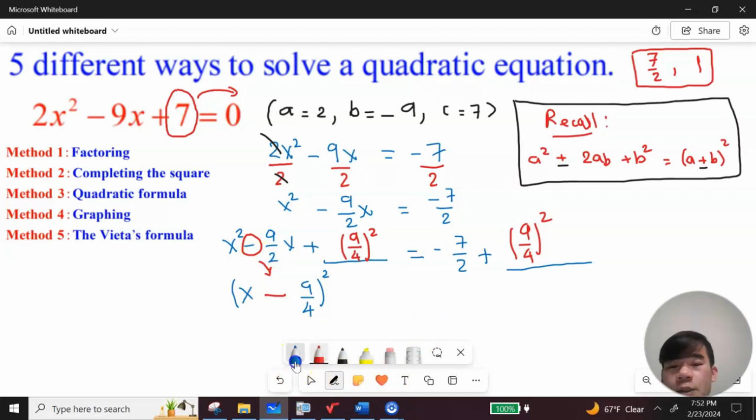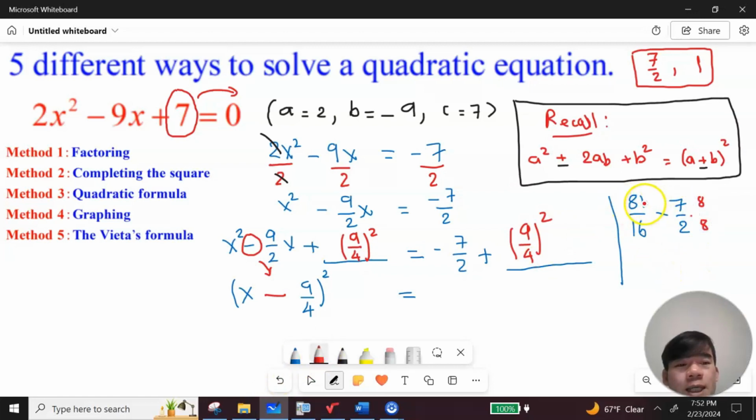Now the right hand side equals negative 7 over 2 plus 9 over 4 squared. I just calculate this one. 9 over 4 squared should be 81 over 16, right? Minus 7 over 2. Now I need to find the common denominator. Common denominator should be 16. So I need to multiply the top and bottom by 8.